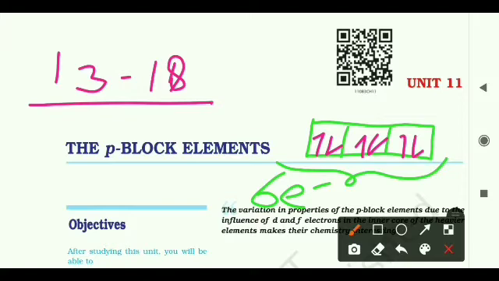For 16, 4 electrons. For 17, 5 electrons, and lastly for group 18, 6 electrons will be there in the p orbital. So that's why there are 6 groups, because of the filling of electrons one by one from group 13 to group 18, and a maximum of 6 electrons can be occupied in the p orbital, because the p subshell has only 3 orbitals, and 3 orbitals can occupy only a maximum of 6 electrons.